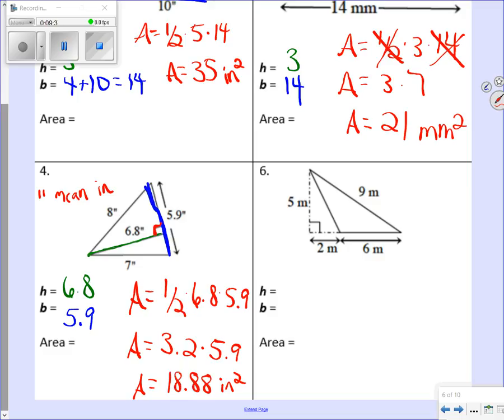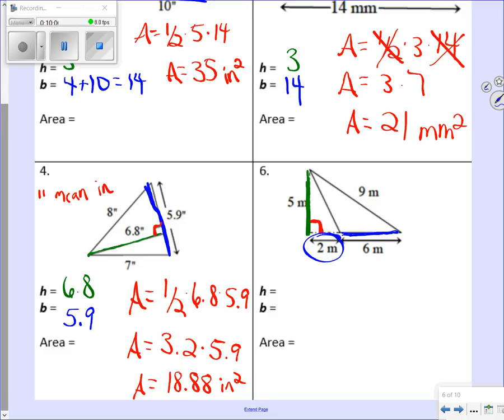All right, last of our warm-ups here. Again, remember, look for the right angle every time. There's my right angle, so I know that 5 is my height and 6 is going to be my base. Notice, I'm not using that 2 meters right here.